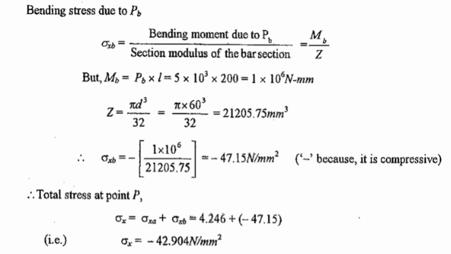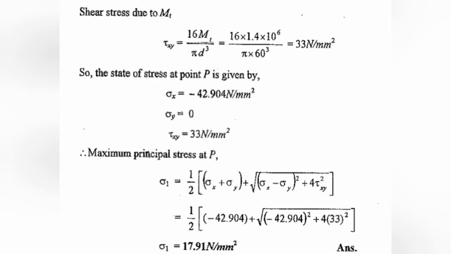So we have to find the net effective stress, which is due to this tensile stress as well as compressive stress. So the final net stress at the point P is minus 42.904 Newton per mm square. So now I got sigma x, in the x direction, sigma x is minus 42.904.